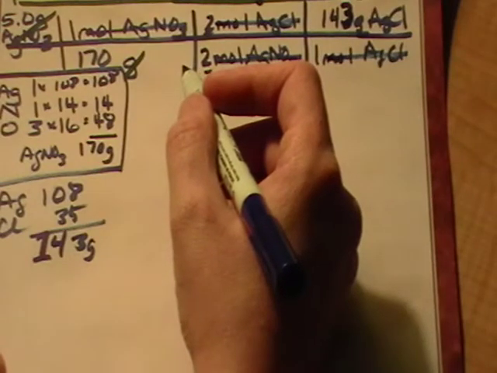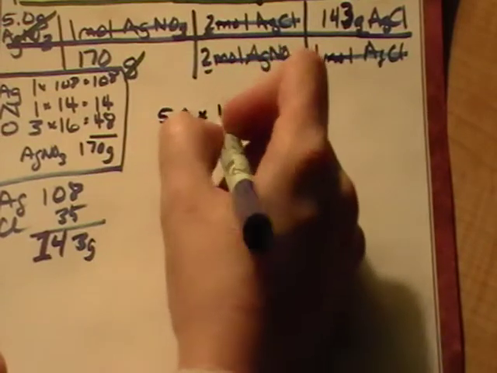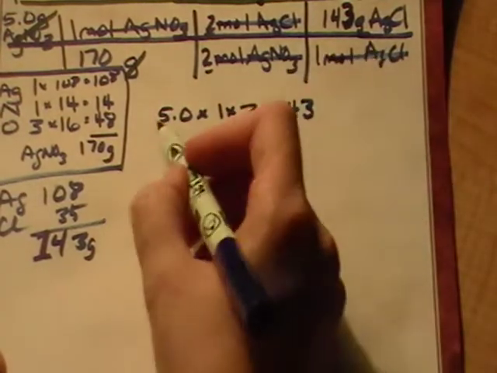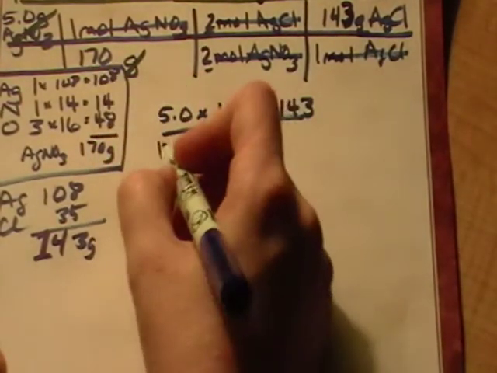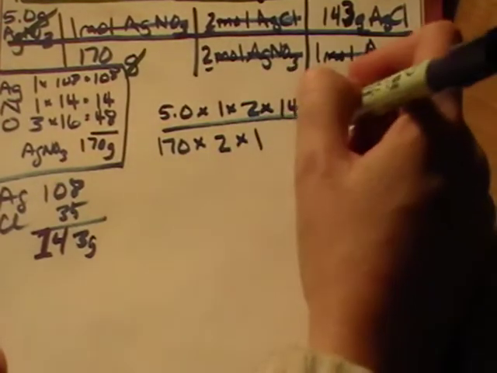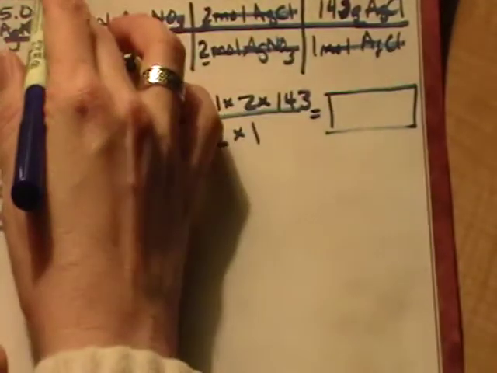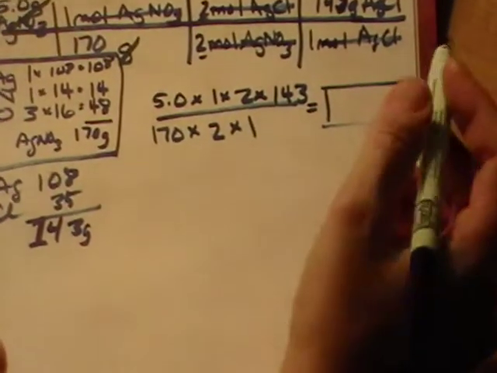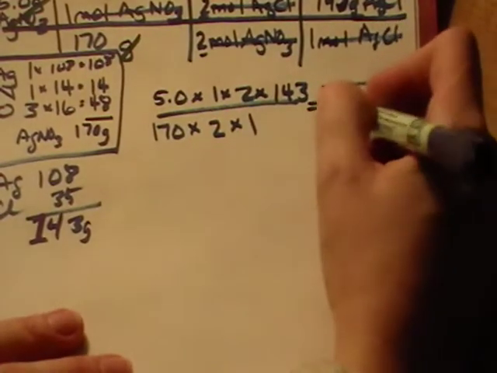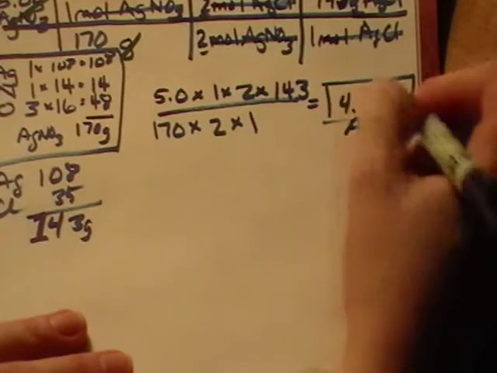So when I get done, I've got 5.0 times 1 times 2 times 143 over 170 times 2 times 1 equals, my units are grams, because that's what I was going for. And when I do all the math, it should look like 4.1 grams of silver chloride.